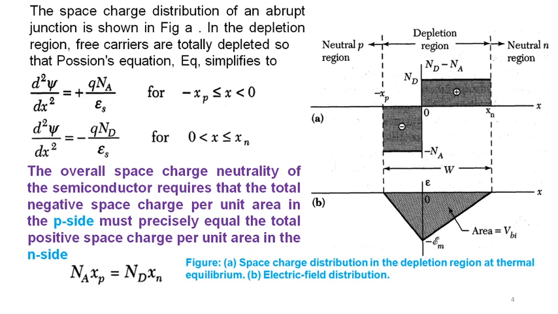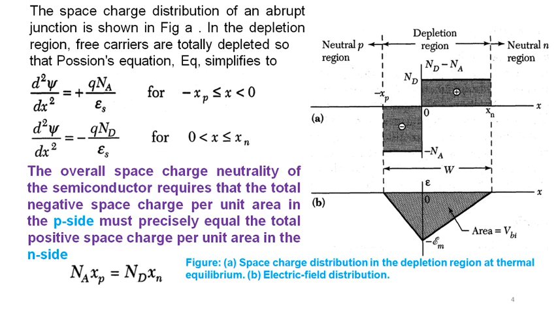As I told before, overall space charge neutrality of the semiconductor requires that the negative space charge per unit area on the p side is the same as the total space charge per unit area on the n side, so that overall charge neutrality arises in the depletion region.